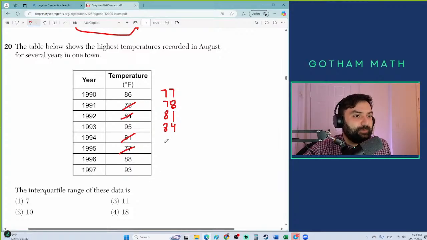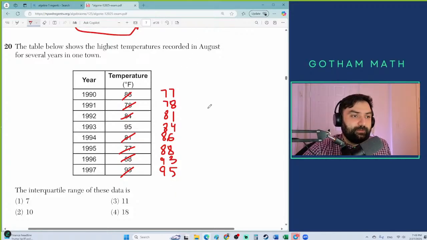Okay, then the next one will be probably 86. Then it's going to be 88. 93. 95.